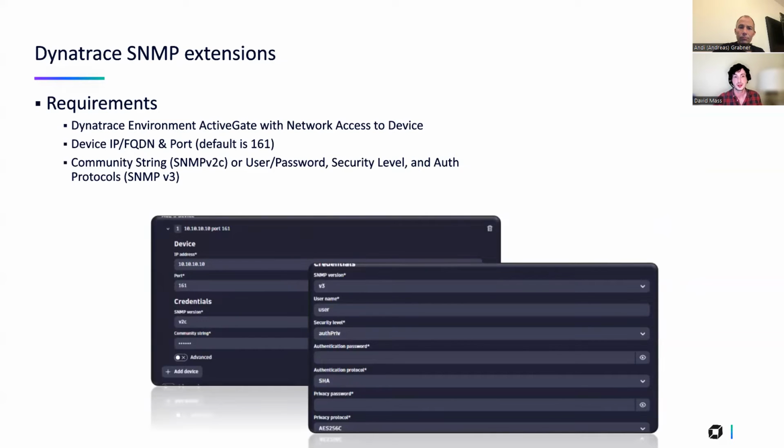Just a little bit more about what's required when we're setting up the extensions. We need a Dynatrace ActiveGate, specifically an environment ActiveGate that has access to the devices we're monitoring. We'll also need to know the device we want to poll, whether that's the IP address or domain name, as well as the port. Like I said earlier, the default is 161, but if it is changed, we can also change that within the configuration.